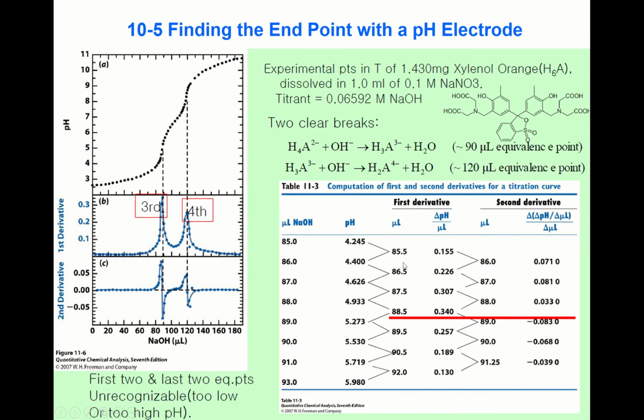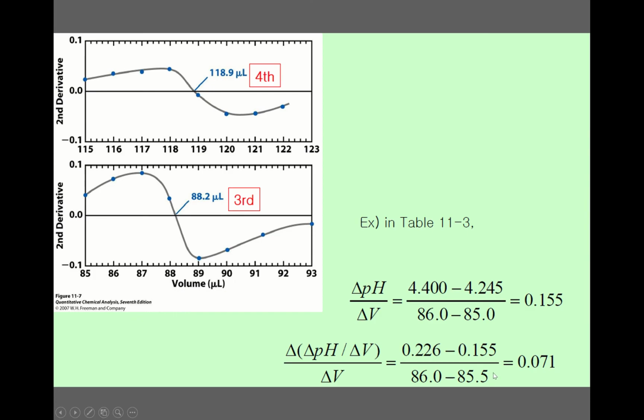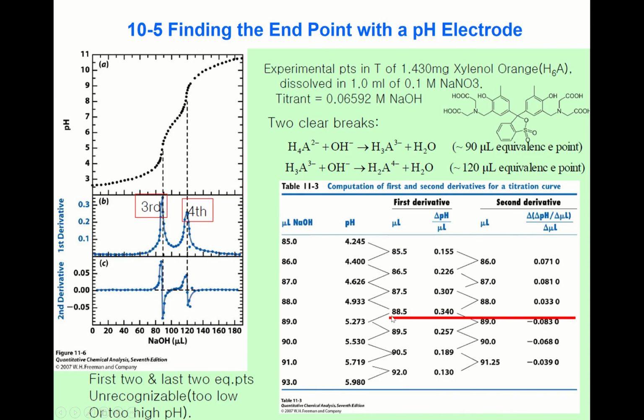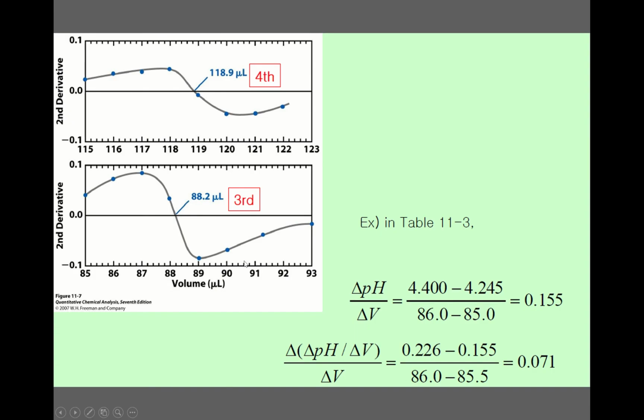This one is from this volume, and this one is from this volume, so the volume is 85.5. That way you can construct these second derivative graphs, and from this graph you read the crossing point.